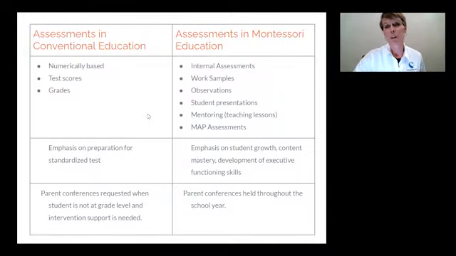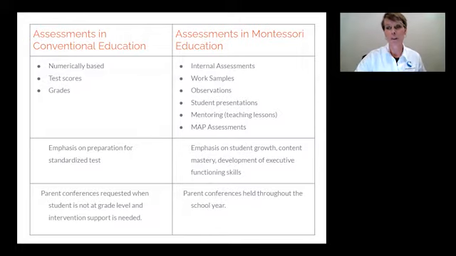Most of us experienced through our own education assessments such as standardized testing or summative assessments, meaning we were tested at the end of the school year or perhaps at the end of a unit study or a session, and then we would receive a grade or a numerical value, and this grade was based on benchmarks or standards.